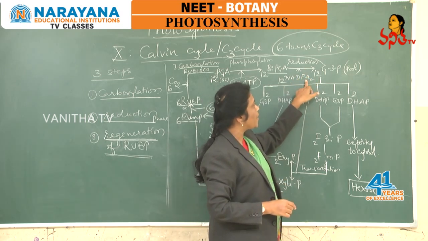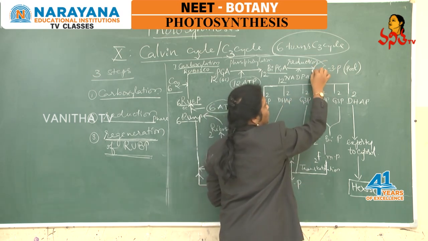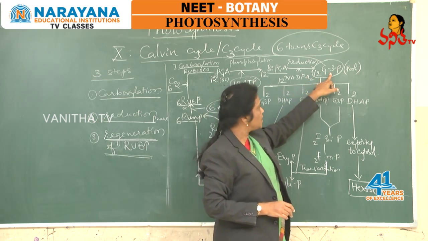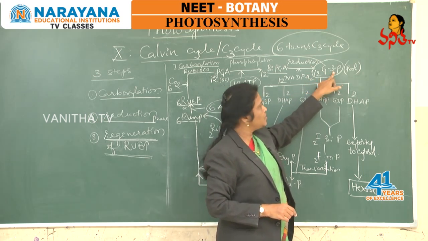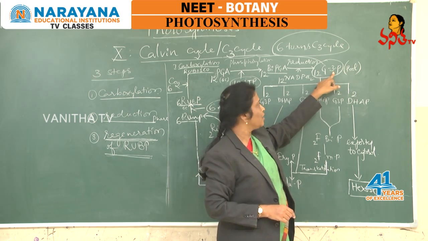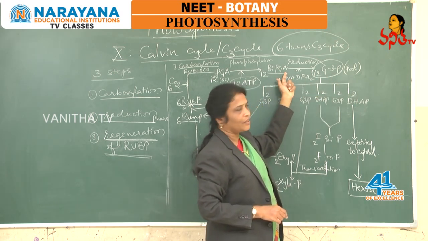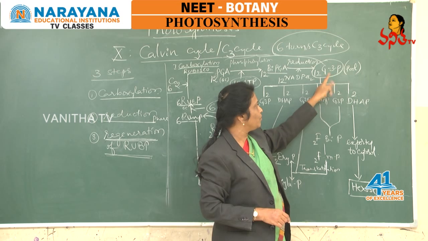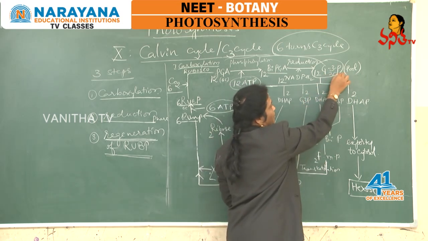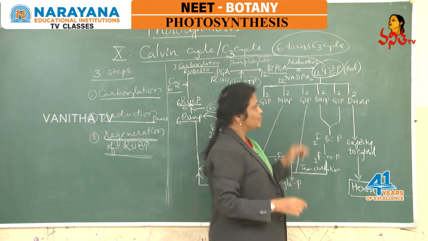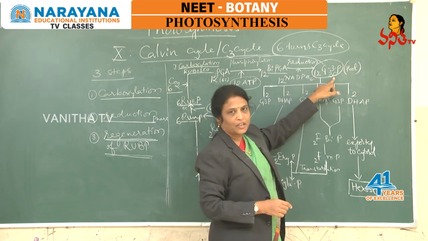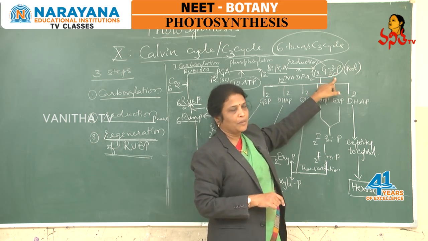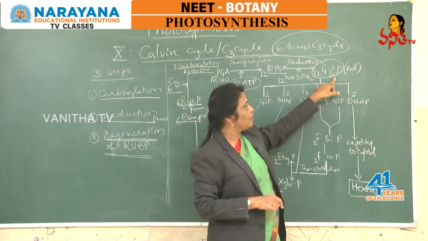The reduction process is completed, and the product of reduction is 12 molecules of G3P, meaning glyceraldehyde 3-phosphate. So, phosphoglyceric acid, which is an organic acid, is reduced to glyceraldehyde, that is a sugar molecule, a kind of triose sugar. G3P is a triose sugar, a 3-carbon sugar. So, as a result of reduction, sugar molecules are synthesized here.